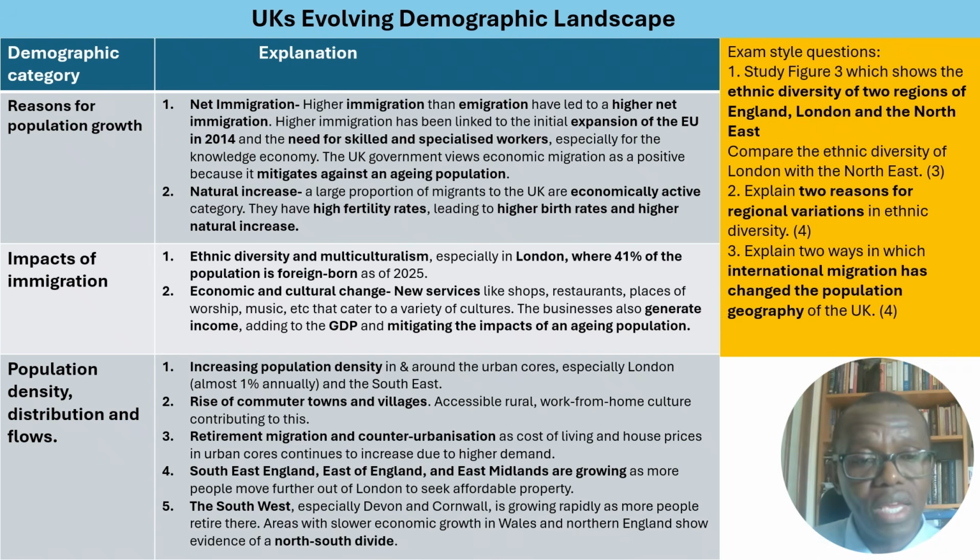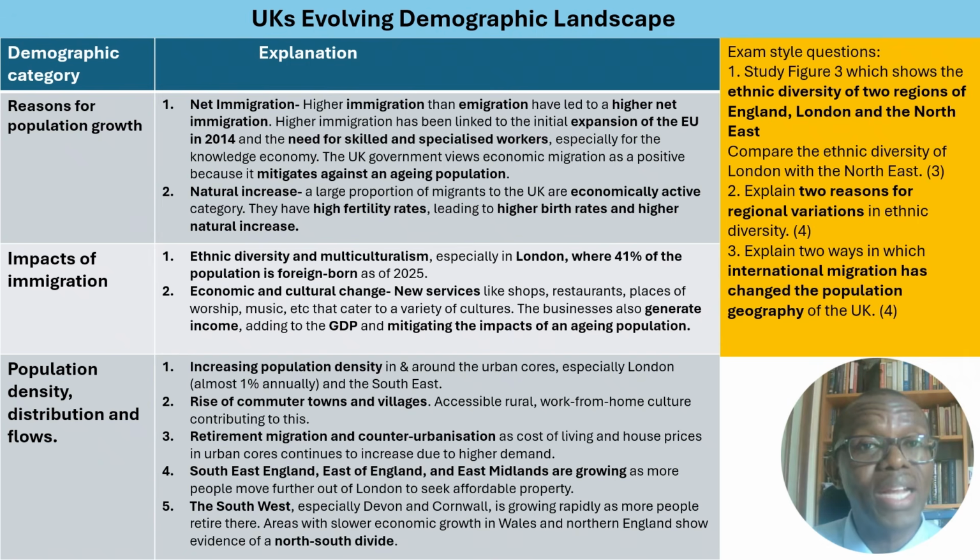And in London, we have almost a 1% increase annually. Then the second thing is a rise of commuter towns and villages. Now, these here are the areas that are referred to as accessible rural areas. These accessible rural areas tend to be around the urban cores, so areas that are close to London, for example, that are rural, but that are accessible, so either have very good rail services into London or road networks into London.